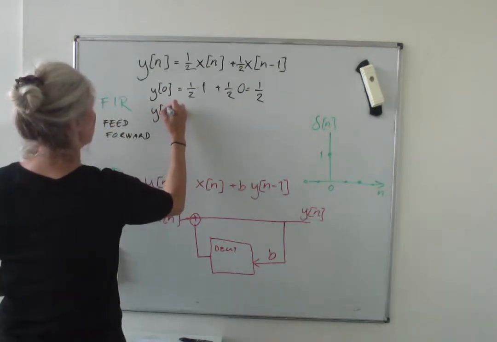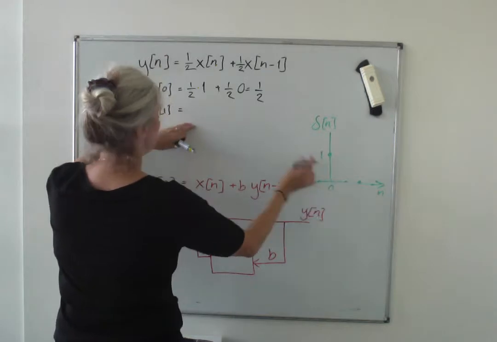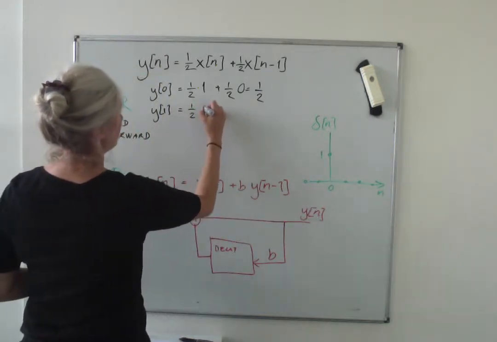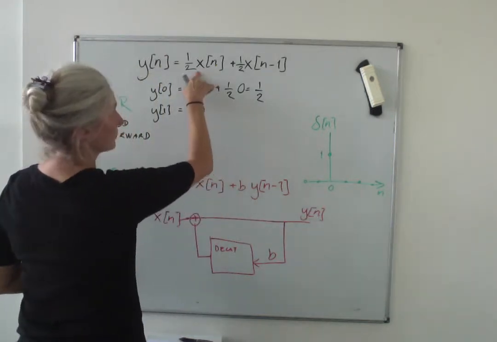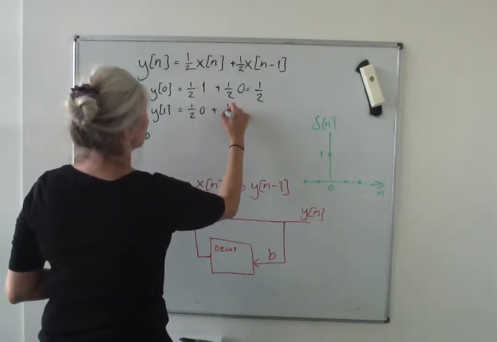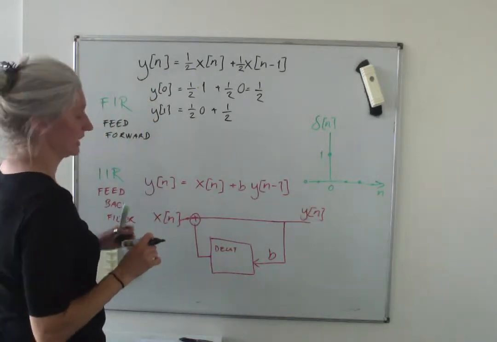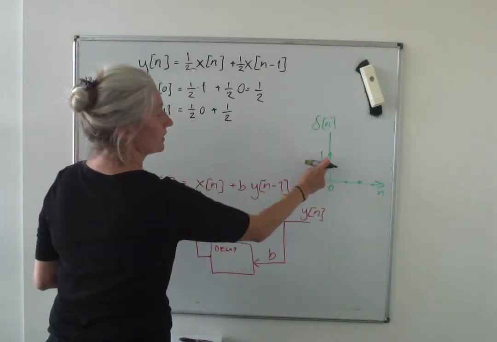y at sample 1 is half 0, because the input signal is 0 now, plus half the previous sample, which was the stored, delayed version of the impulse.